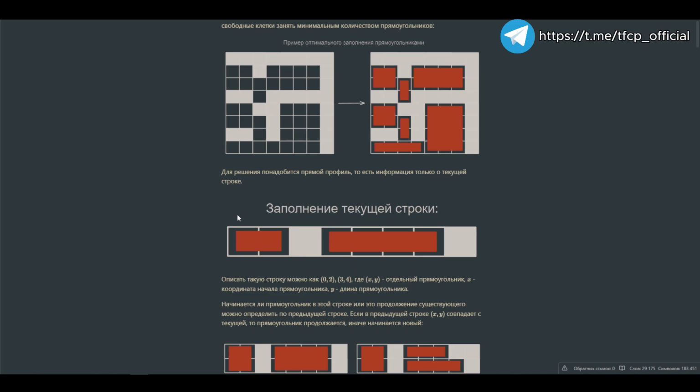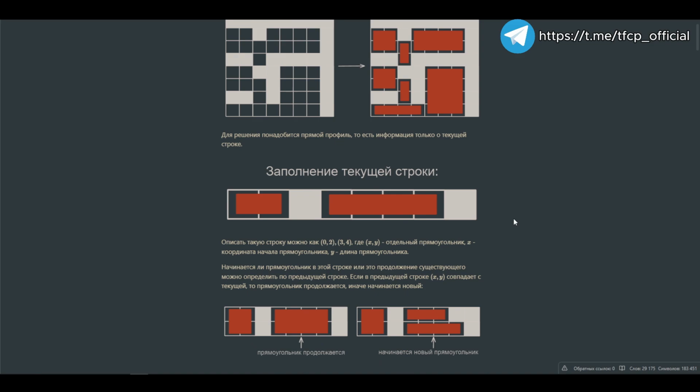So we have coordinate 0 with a length of 2, meaning 0 and 1 fill the length of 2. Then we have a rectangle starting at 3 with a length of 4, which corresponds to 1, 2, 3, 4 in length.